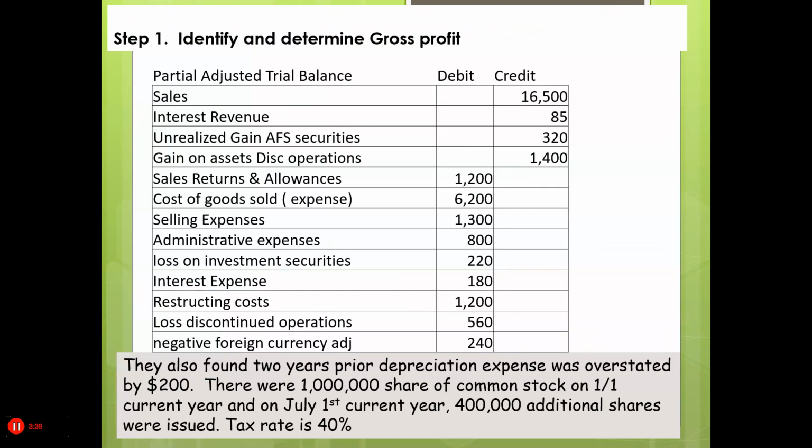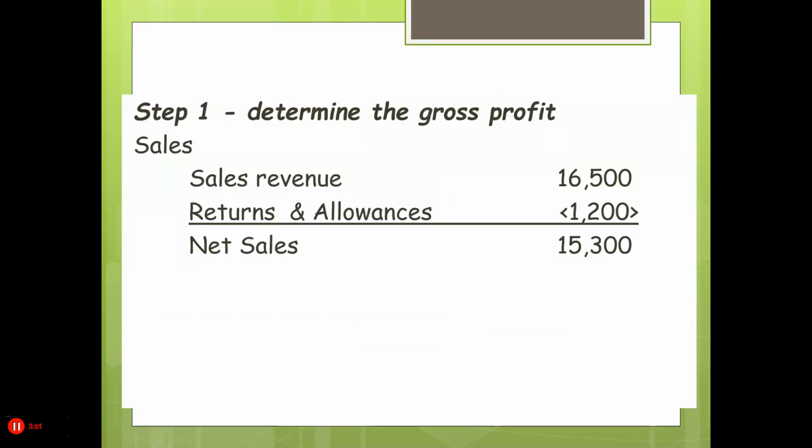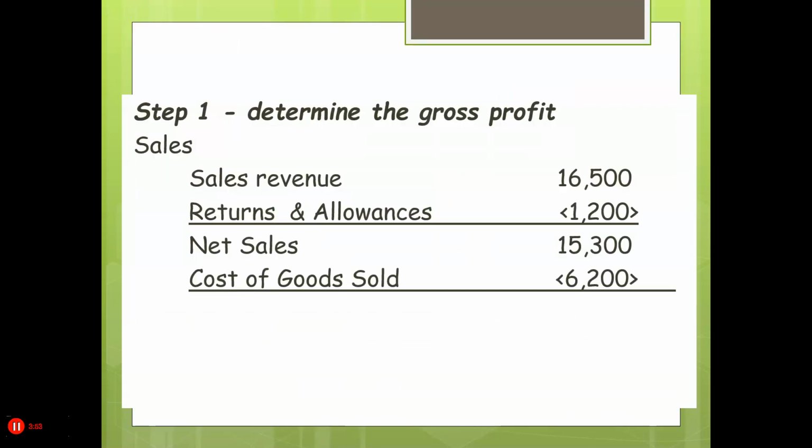Now, the first thing I like to identify is the items that would be included in gross profit, which would include our sales, returns, and our cost of goods sold. Now we can do this portion of the income statement. Now we have gross profit.